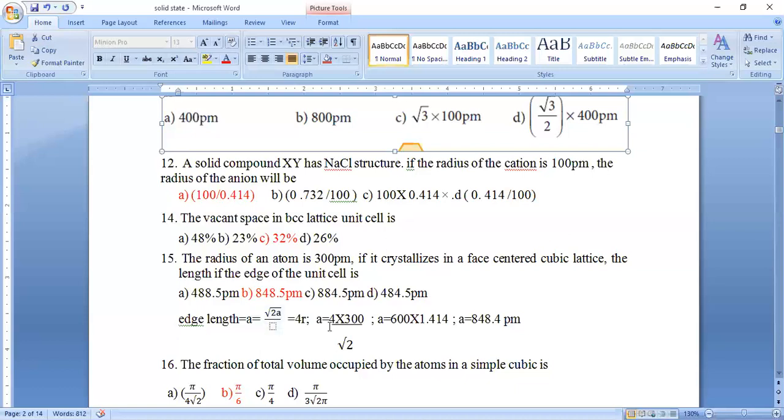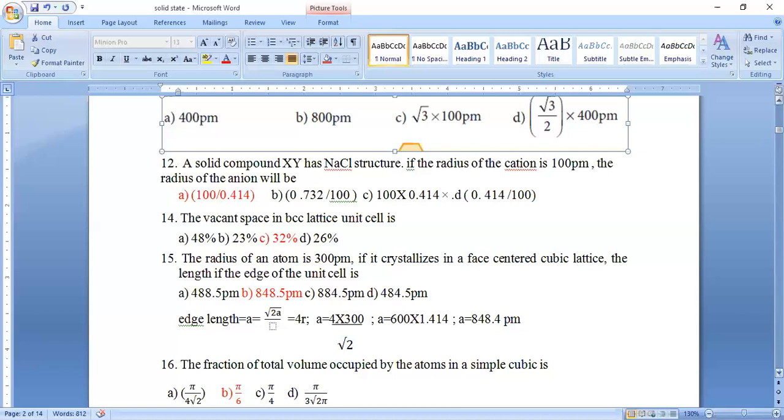So A is equal to 4R divided by root 2, where R is the radius of the atom given in the question. So 4 into 300 divided by 2. So root 2 value is 1.414. So afterwards we are multiplying these two numbers and dividing with the root 2 value, and we are getting A equal to 848.4 pm. So option B is the correct answer.